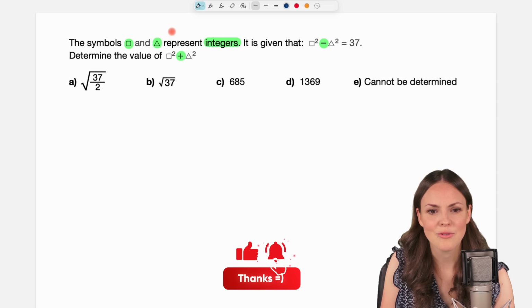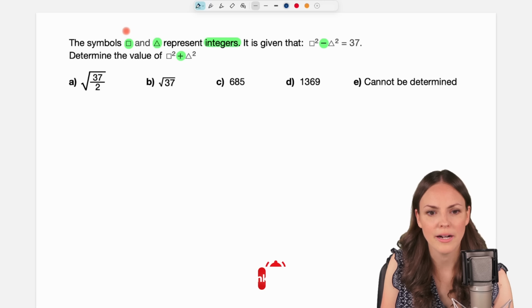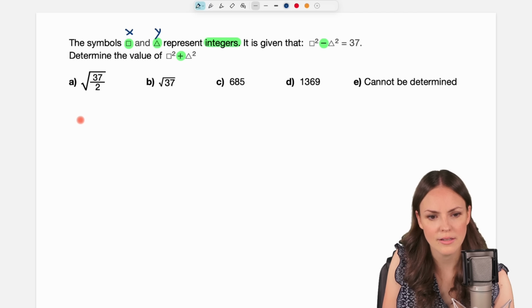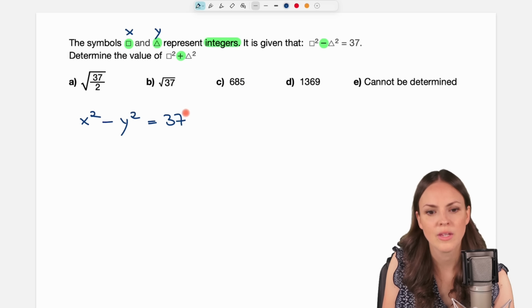And maybe let's replace the square by x and the triangle by y so that we can write this equation as x squared minus y squared is equal to 37. And we want to find this expression here, x squared plus y squared.